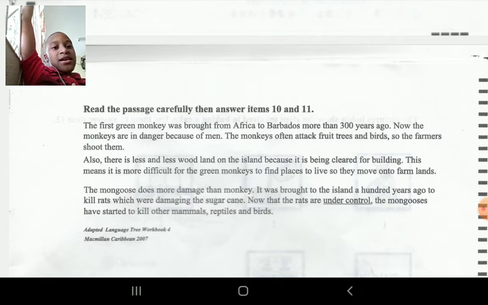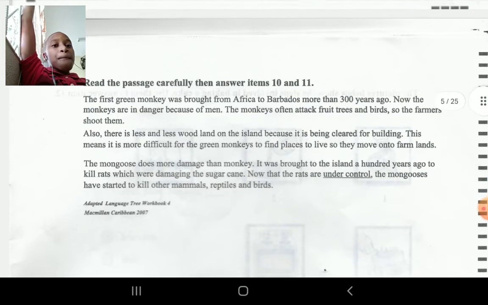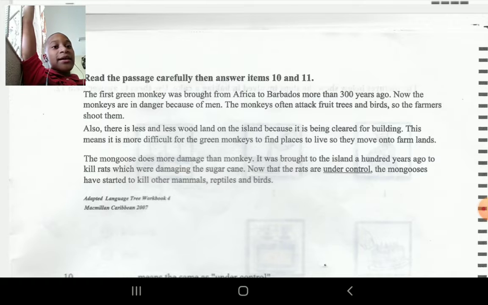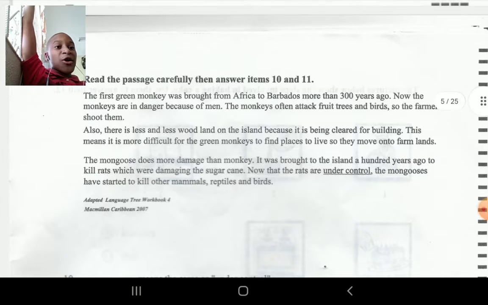This means it is more difficult for the green monkeys to find places to live. So they move onto farmlands where they would get shot. The mongoose does more damage than the monkey.